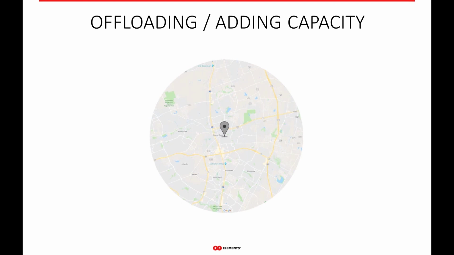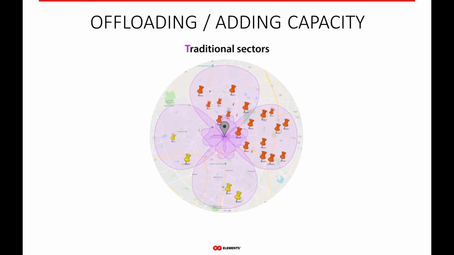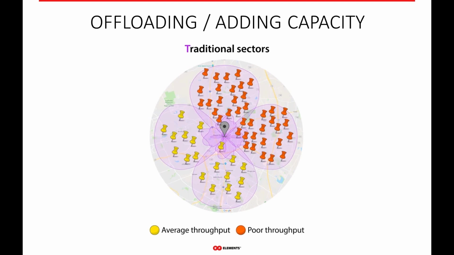So in offloading or adding capacity, it's quite simple. Here we have a 4-sector deployment, and we have 2 sectors highlighted in red where there's really poor throughput on those APs. Again, because you have, let's say, too many customers, you can't get beyond that 30 customers per AP, and you need to add capacity, right? So you want to offload.